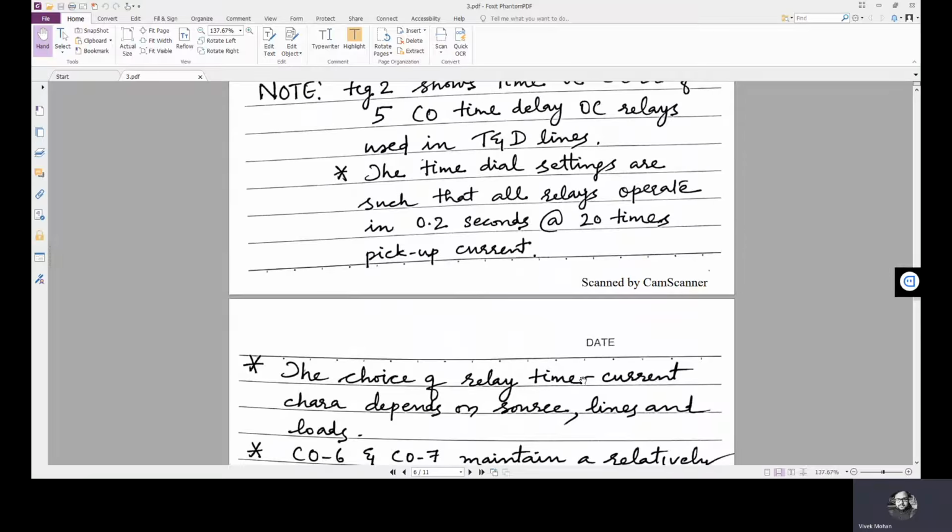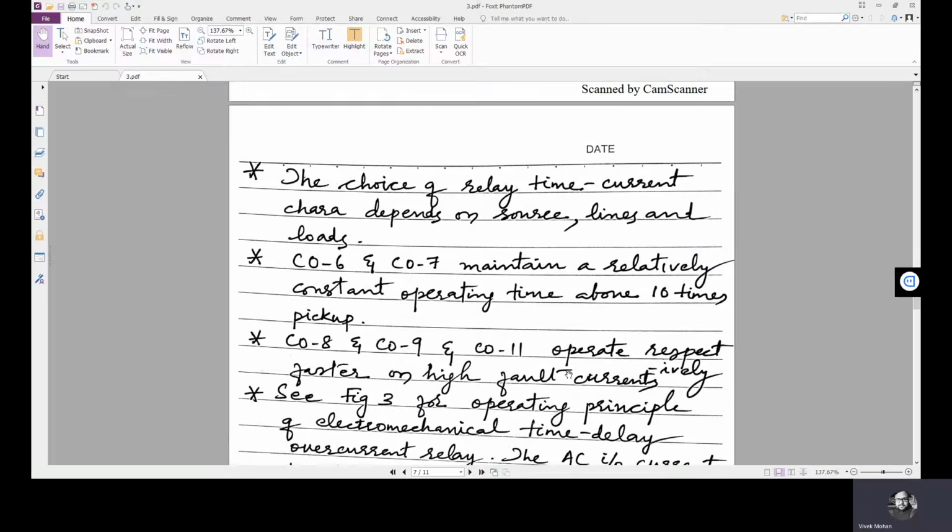Now the choice of relay time current characteristic depends on source, lines and loads. Obviously, it depends on the capacity of the source, because indirectly the capacity of the source decides the fault current. It also depends on the line impedances, which are the design parameters of the line itself, and the operating load.